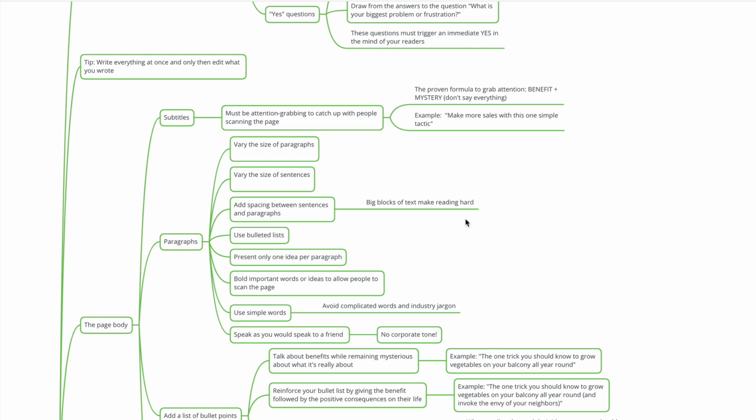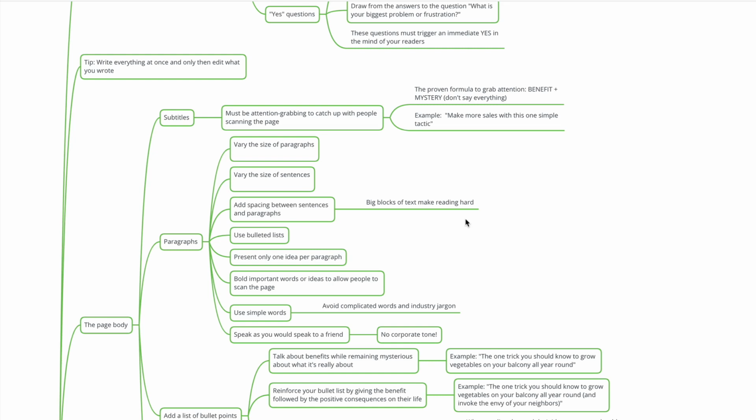And these sub-headlines must be attention-grabbing to get the people scanning the page reading again, okay? And the proven formula to grab attention is benefit plus mystery. You don't want to tell everything. You want to convey some benefit, but you don't want to tell everything, or there would be no point in reading what follows, right? For example, make more sales with this one simple tactic.